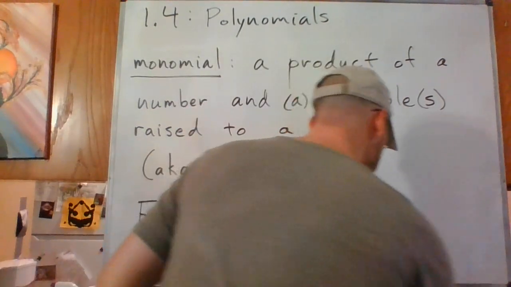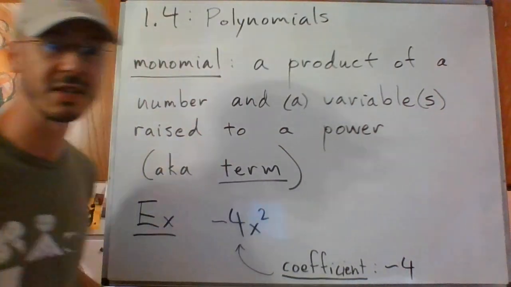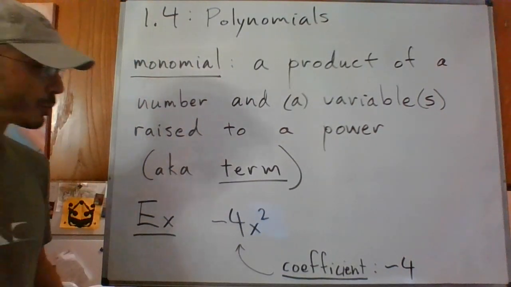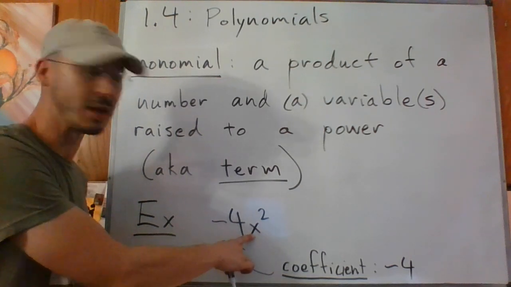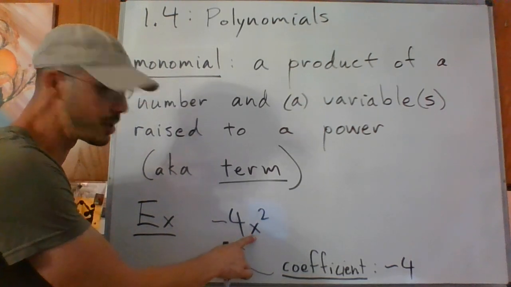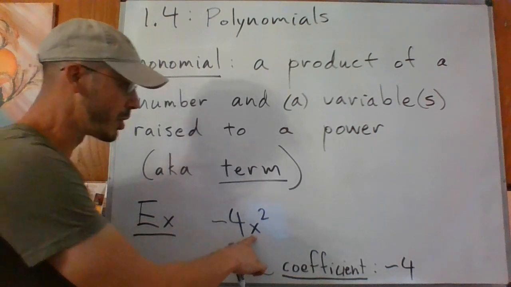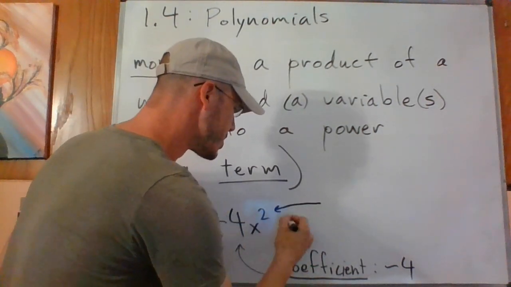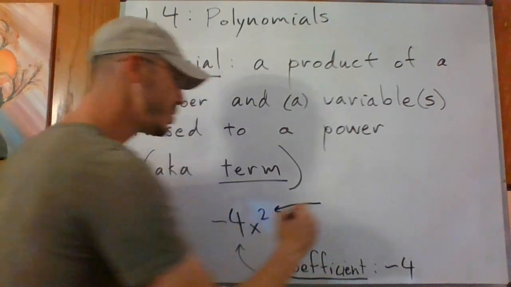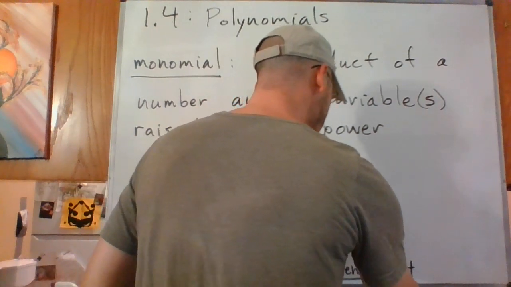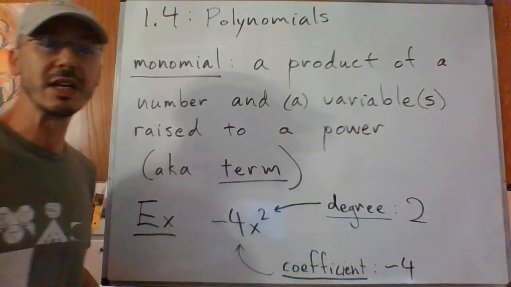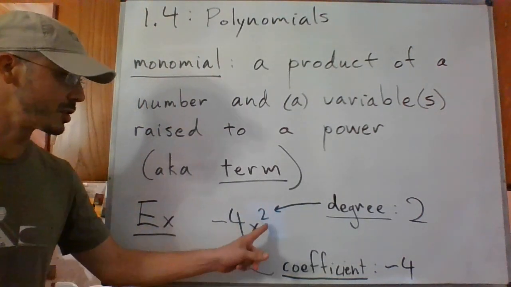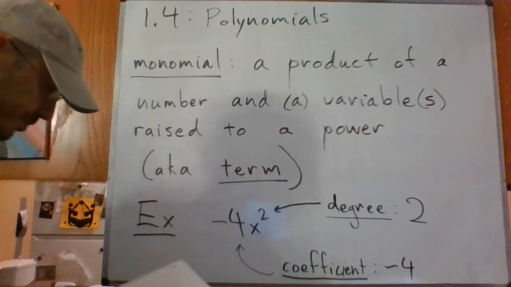It's the negative 4 that's the front part of that monomial. The variable here is that unknown. We've been working with linear expressions a little bit, but the x is the variable. The other important feature, though, is that exponent of 2, that is the degree of the monomial.